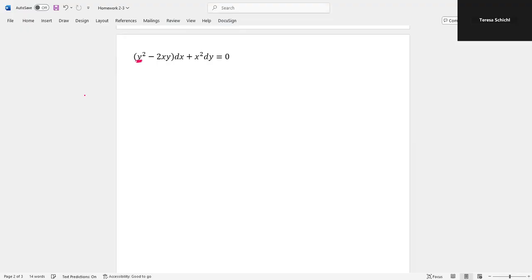This dy term is related to x squared, and this y term only relates to the x, and this y term only relates to the dx. If all the y terms are kind of linear like that, then the Bernoulli equation will be a good way to approach it. That is at least the trick I typically use to decide whether to rearrange the terms and change it to a Bernoulli equation.